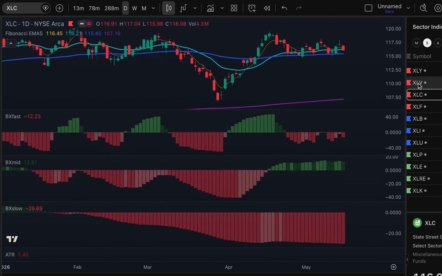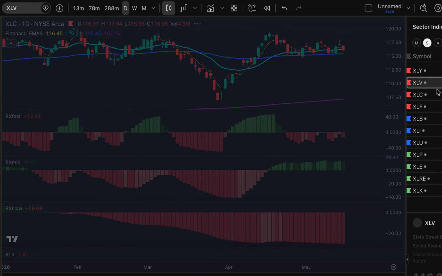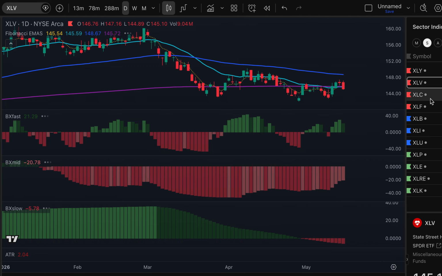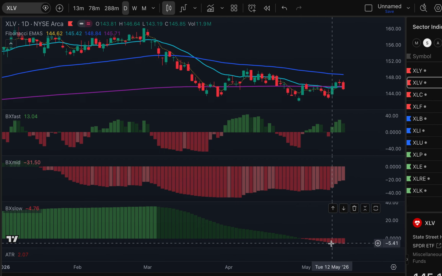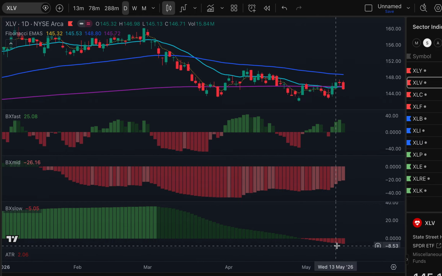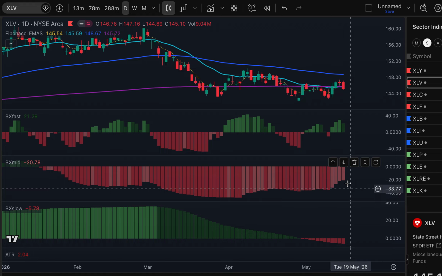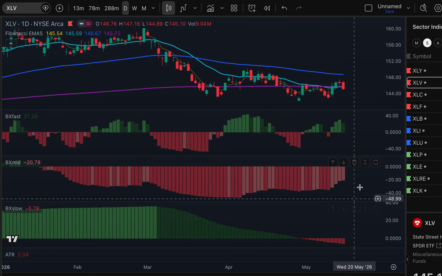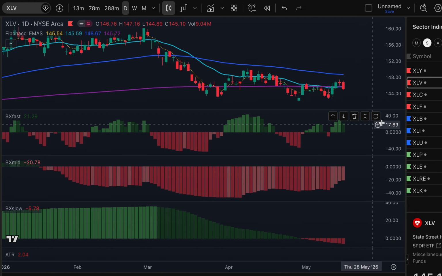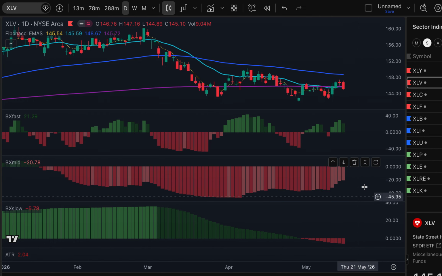And then next is XLV, the healthcare sector. Long-term momentum has just recently shifted to red, but midterm momentum is trying to build. So I'll be watching this one to see which one is going to win out.